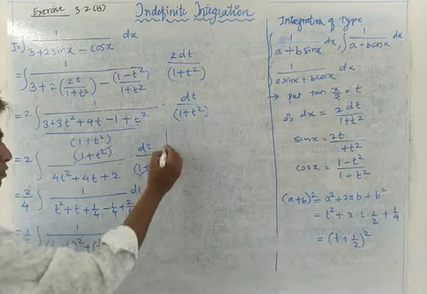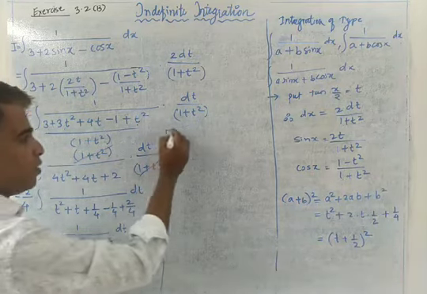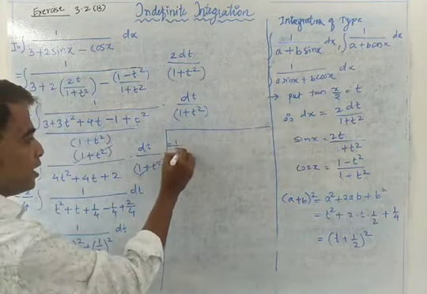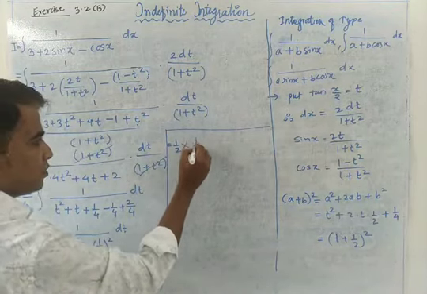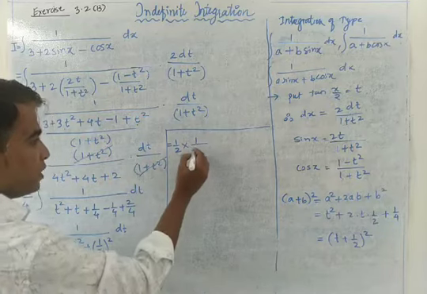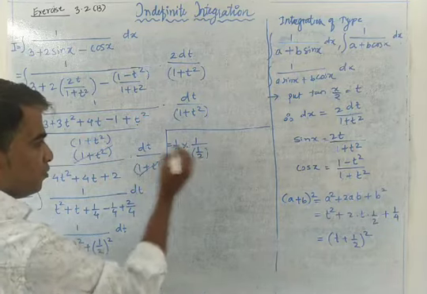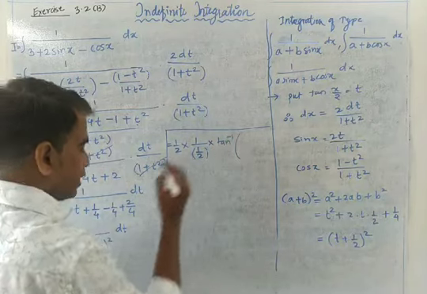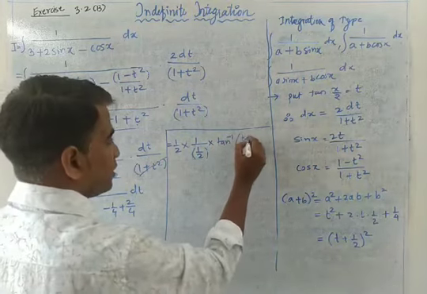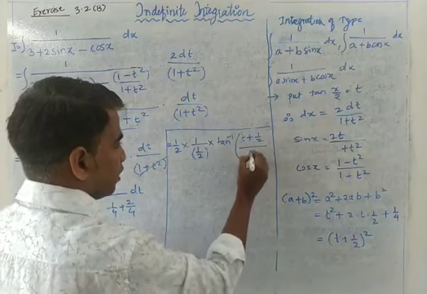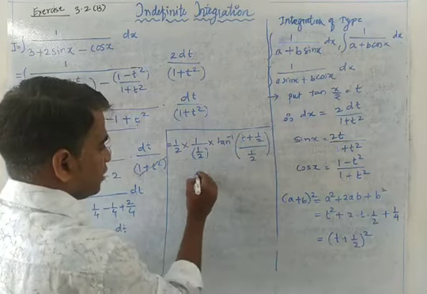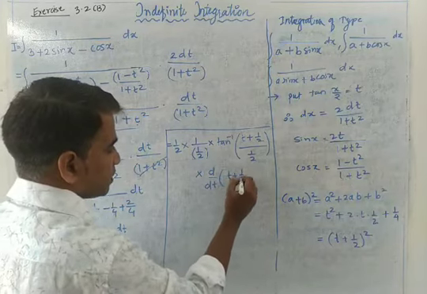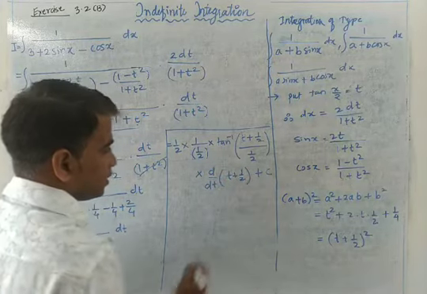So with respect to the formula, what is the formula? 1 upon x square plus a square is 1 by a into tan inverse x by a. So what is 1 by a? 1 by half into tan inverse x by a, what is the x value here? t plus half, the value of a is half, into d dt of t plus half plus c.